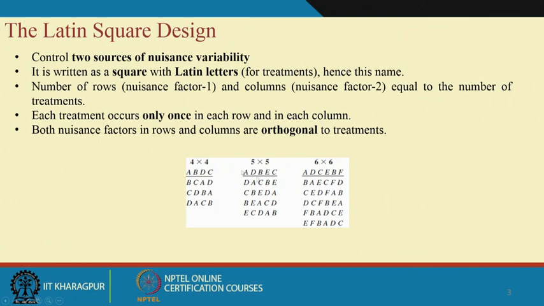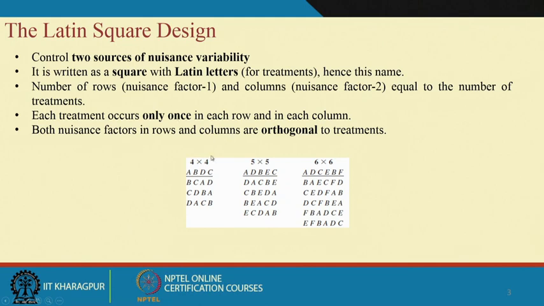This kind of design is known as Latin square design. Latin square design controls 2 sources of nuisance variability. It is written as a square with Latin letters. So, A, B, C, D, all these are Latin letters, and each letter represents a particular treatment level.